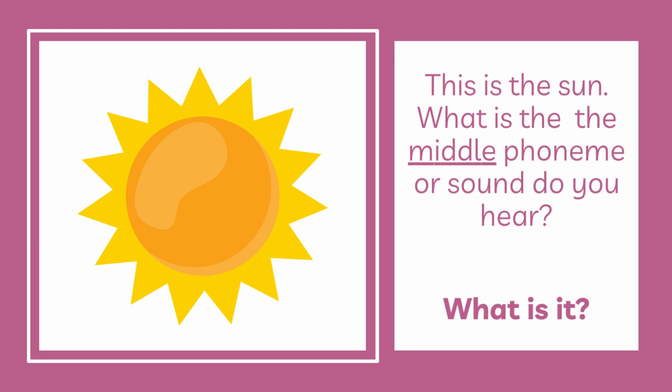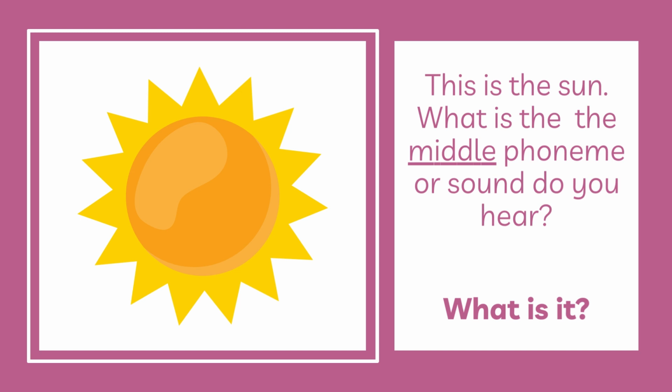This is the sun. What is the middle? Remember, we're doing the middle part, and the middle part when you touch it, you should touch your elbow. This is the sun. What is the middle phoneme or sound do you hear? Let's do sun. Go ahead.